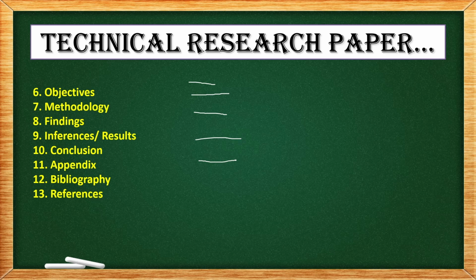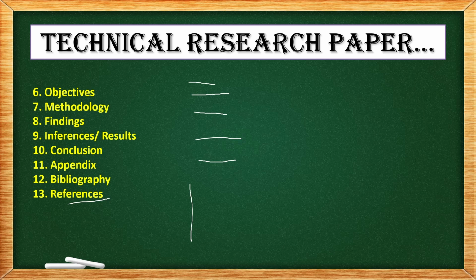Appendix: any extra information we want to provide in a research paper. Maybe we have used some parameter, or maybe we have to imagine some data. That extra information is added with the help of the appendix. References are preferred. So at the end, we write the list of references in alphabetical order.